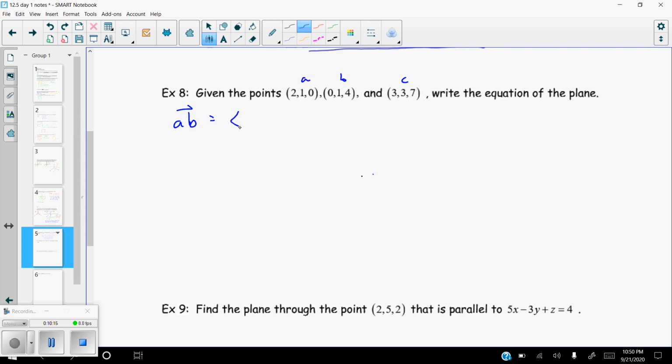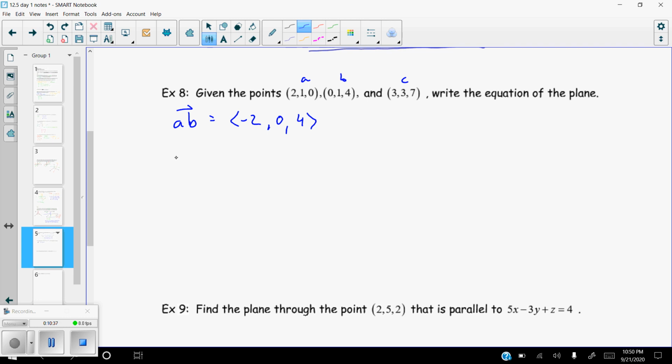So the vector itself is going to be minus 2, because 0 minus 2, 0, and then 4 minus 0, which is 4. So that's the vector between A and B. The other key part is, because that vector started at A and went to B, we want to use the other vector with the same starting point.